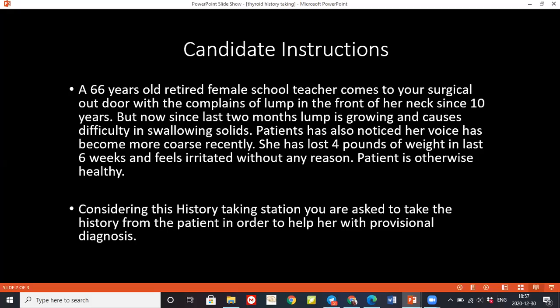Have you experienced any change in the shape of your hands, your feet, anything like that? No, doctor. And you had told me that you have observed your voice has changed recently, right? Yes, yes. Okay. And how has been your appetite recently? I think I've lost my appetite. I don't eat well now.